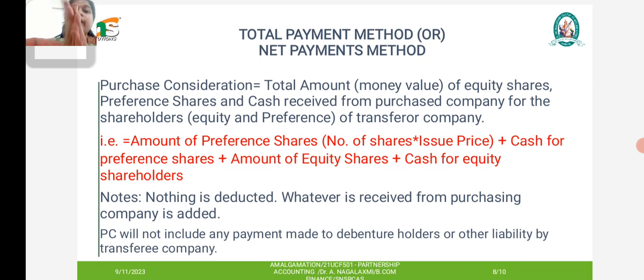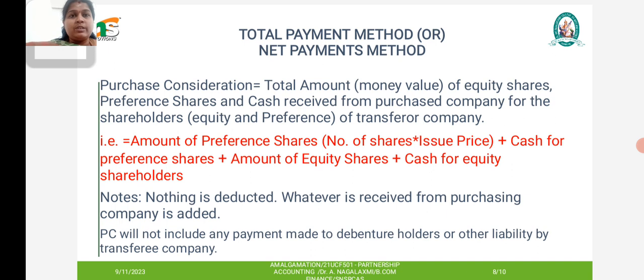Now we are going to see the next method, the total payment method or net payment method. Purchase consideration is equal to the total amount, that is the money value of equity shares, preference shares and cash received from the purchasing company by the shareholders.